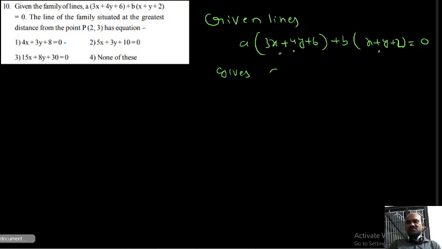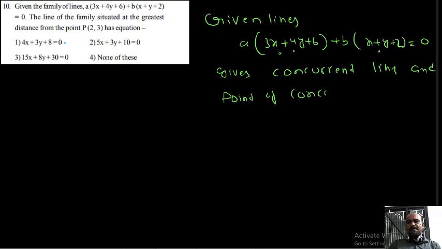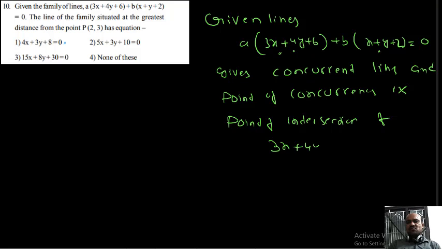So this gives concurrent lines and the point of concurrency is the point of intersection of 3x plus 4y plus 6 equal to 0 and x plus y plus 2 equal to 0. So I want to find that.